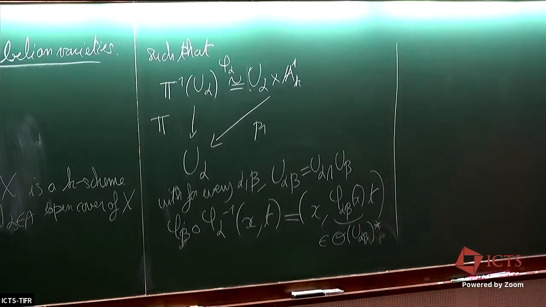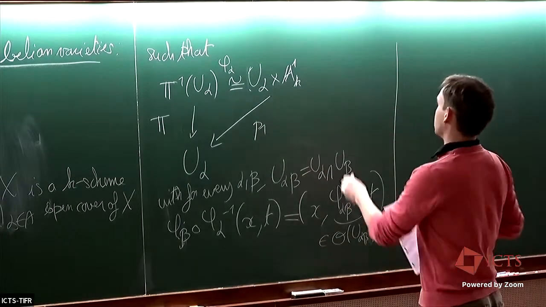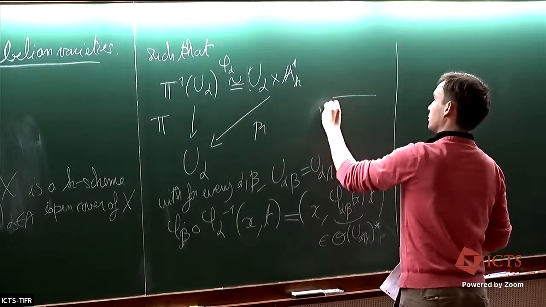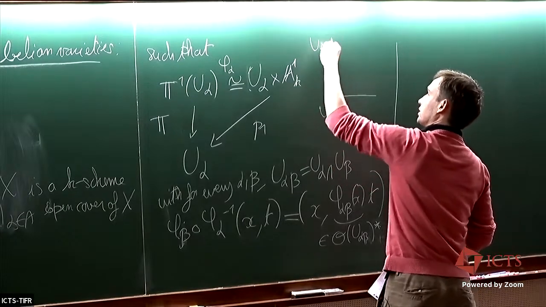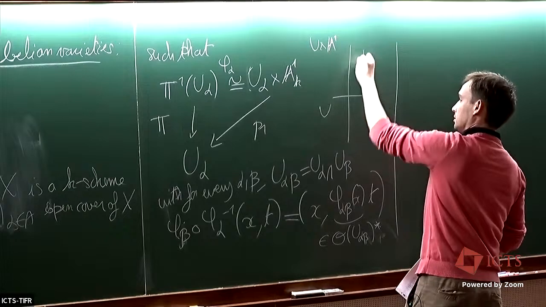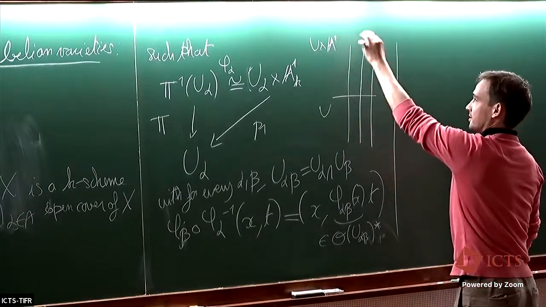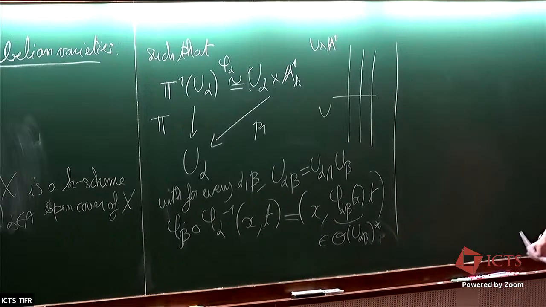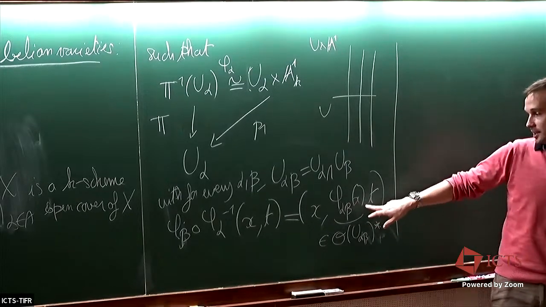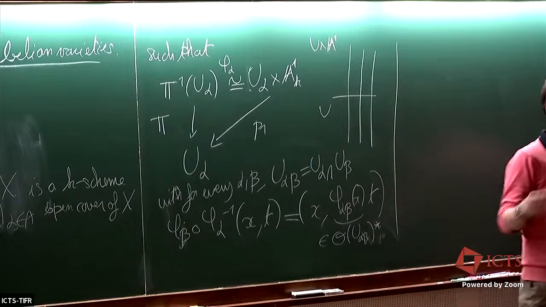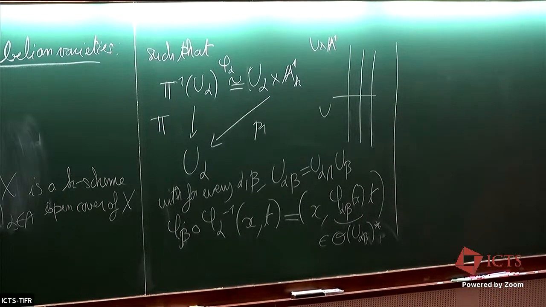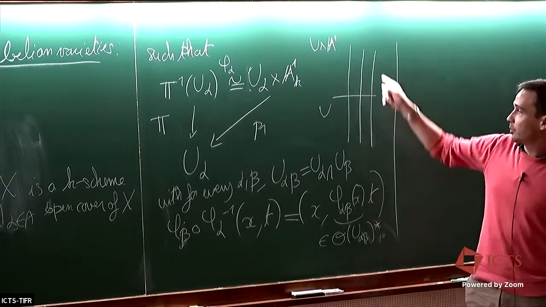Okay, so you can just remember you have this locally, it looks like this. Locally, it really is a U, and you have U cross A1, and you have lines like this. So locally, this is a part of X, this is a part of L. And because this is multiplication, it's linear, it's non-zero, you really can get a structure of vector space on each fiber, which is well defined.